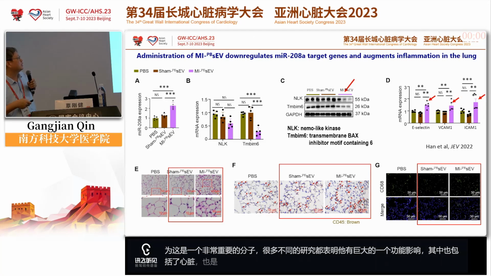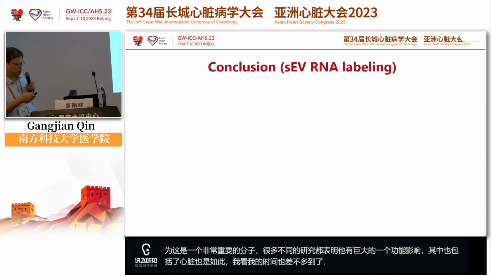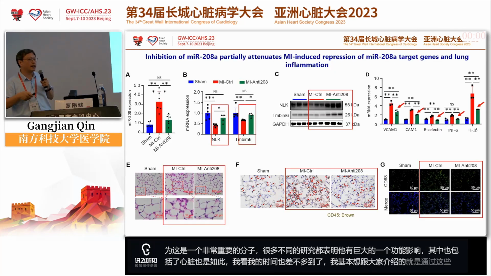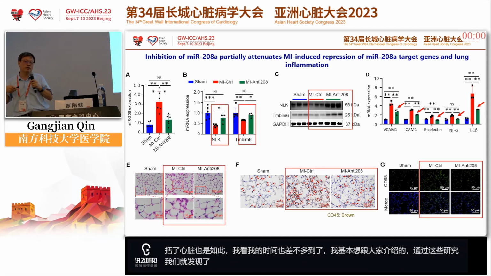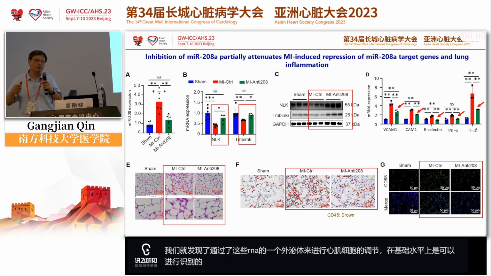Basically, what I want to show you is that through this RNA-specific labeling of exosomes from cardiomyocytes, we were able to identify, at the basal level, a transfer of microRNA-208 from the heart into the lung, where it predominantly regulates its targets.